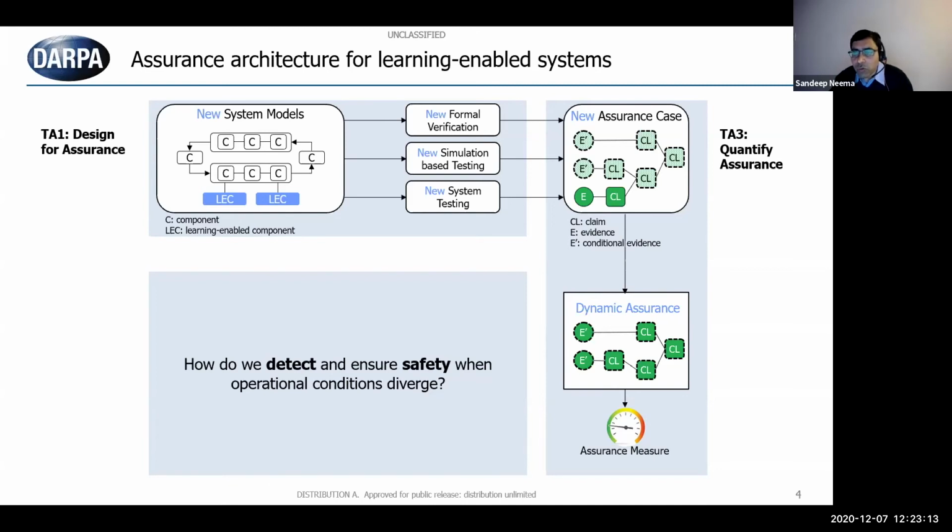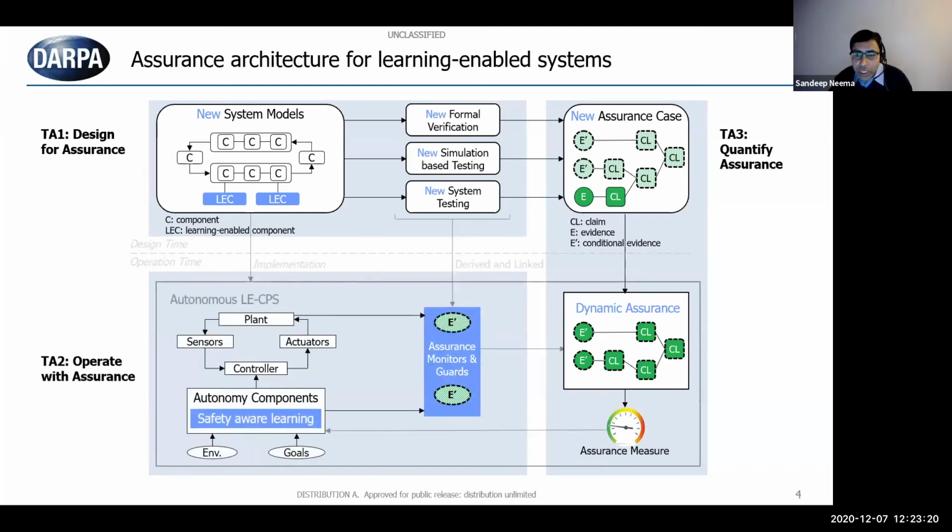So what does it mean to do formal verification for learning components, or systems including learning components? And then the TA2, operate with assurance. That's thinking about techniques that would incorporate at runtime. This can span things like monitors and some of the safety wrappers that you'd put around the learning components. Okay, so that's a quick, high-level description of the program architecture.